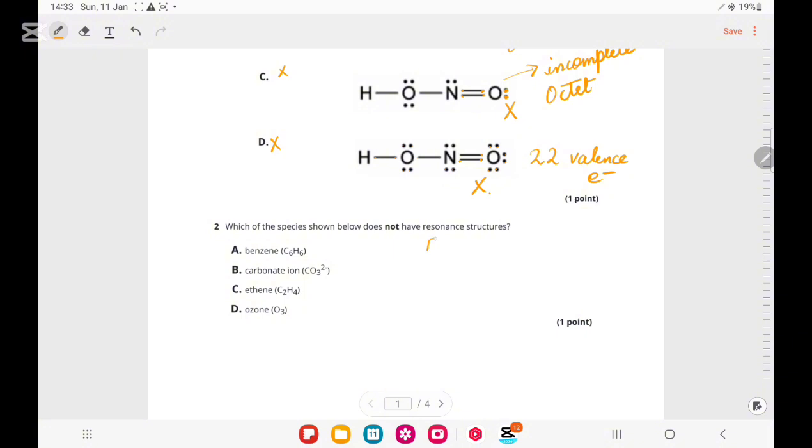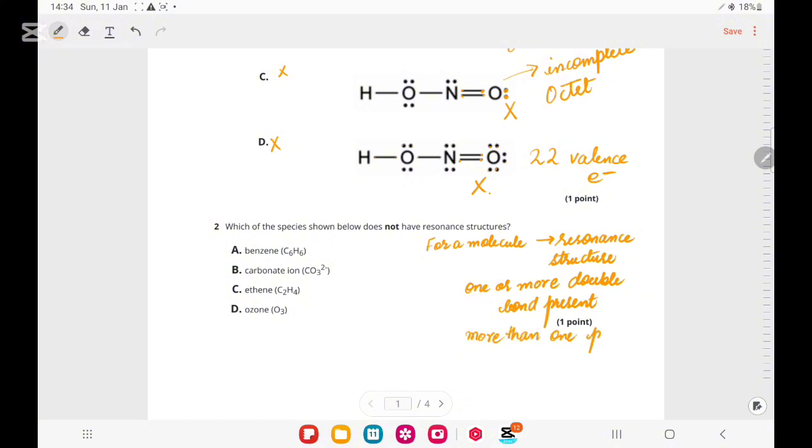So first of all, for a molecule to have a resonance structure, there must be one or more double bonds present. That is the first condition, and the next condition says that there must be more than one possible position for the double bond.